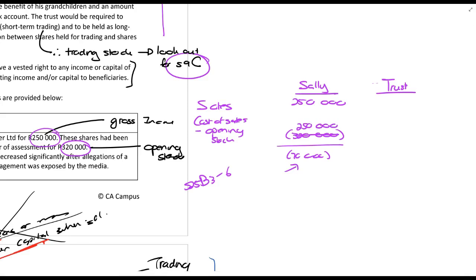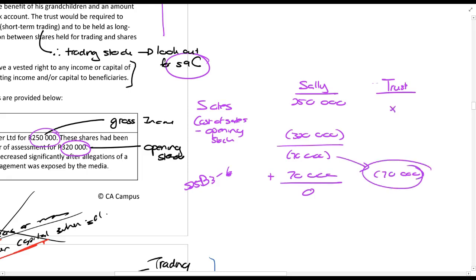Let me actually show it in a different way. I think this is going to be clearer. Okay, so she's not allowed to get that. So we need to add back 70,000 rands so that hers is nil. And that 70,000 rands deduction is then a deduction for the trust. So the trust can claim that against its other income.